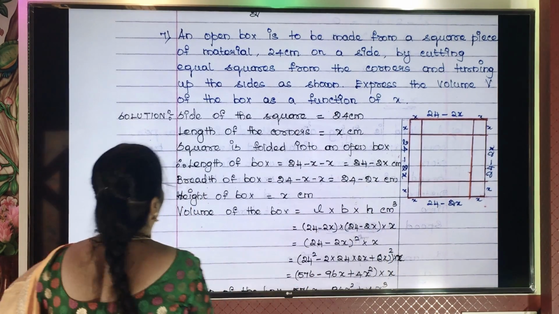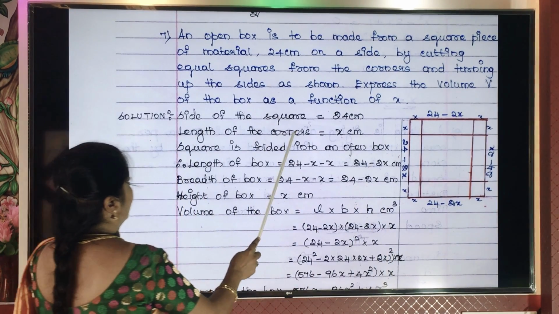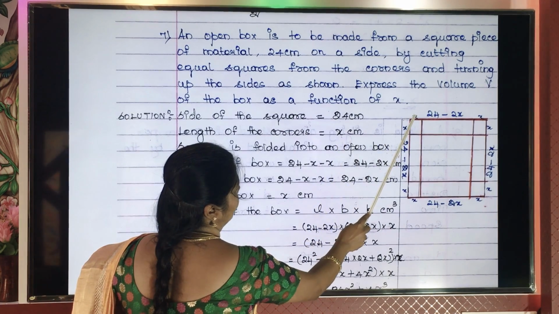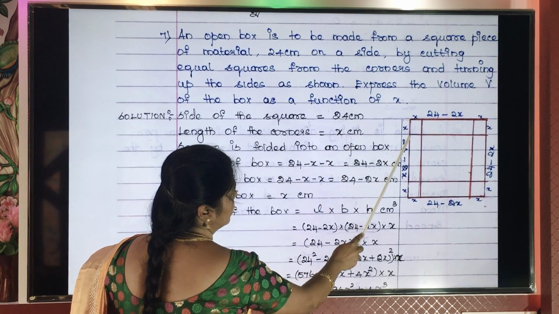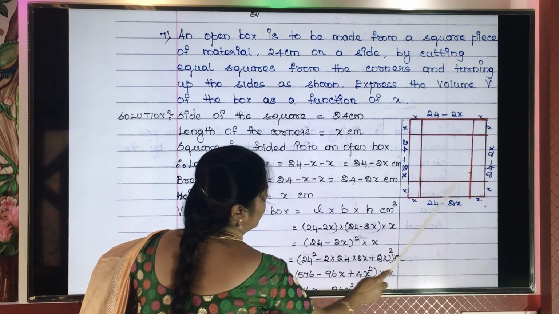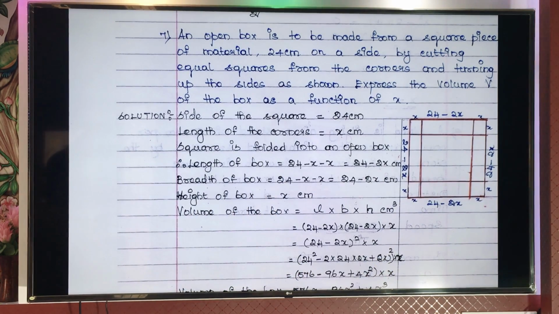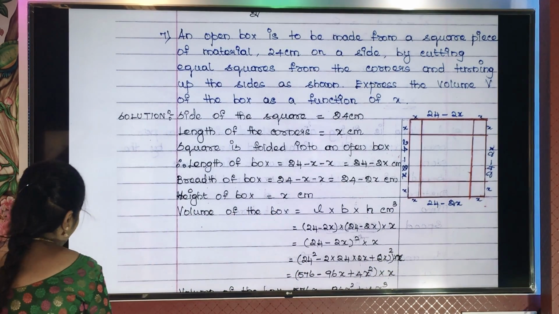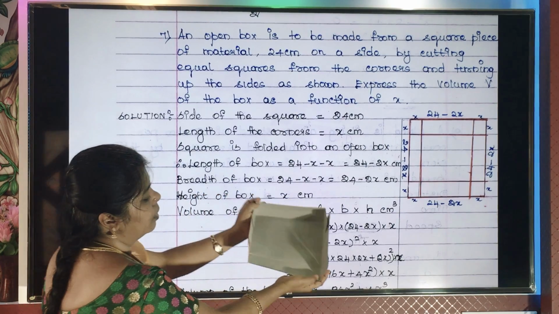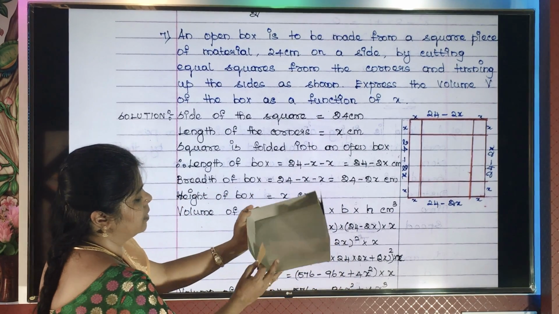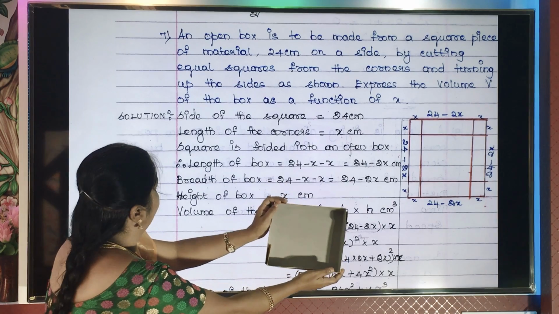Got it? So length of the corners will be x centimeter. See, I have shown here x, x, x. All the 4 corners I have cut. Now the square is folded into an open box. So if you fold these squares, it will become an open box.